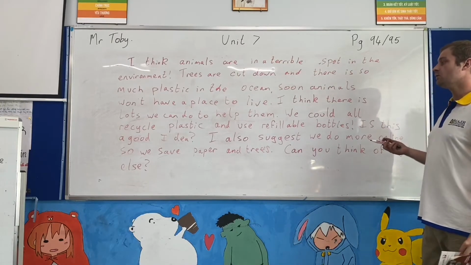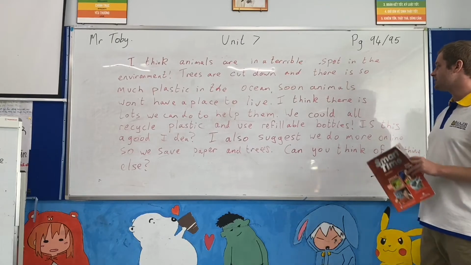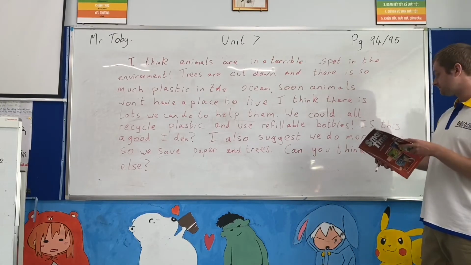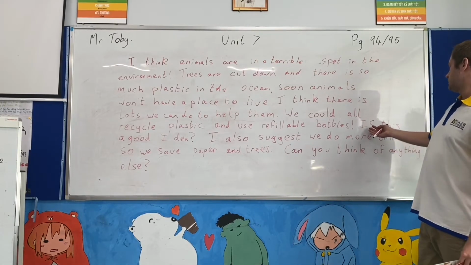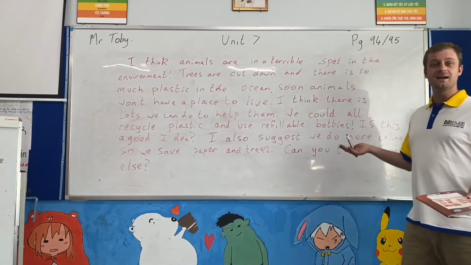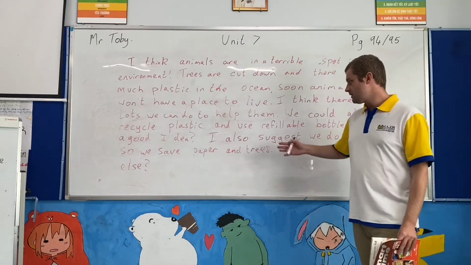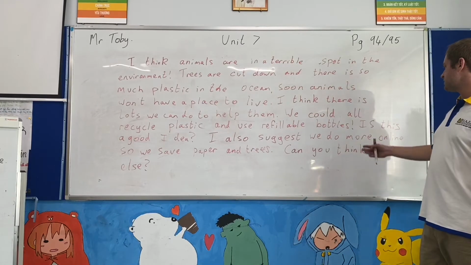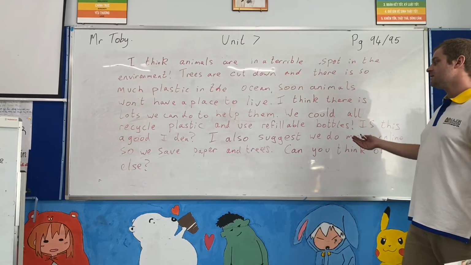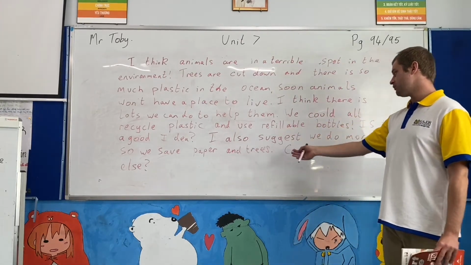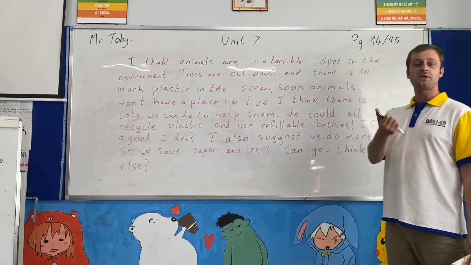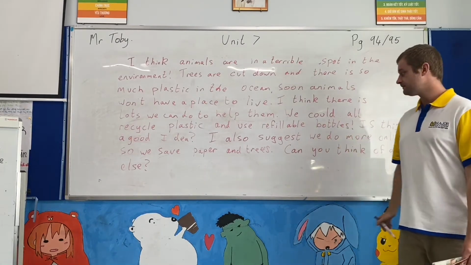We could all recycle plastic, and use refillable bottles. Is this a good idea? What do you think? I also suggest we do more online, so we save paper and trees. Can you think of anything else?